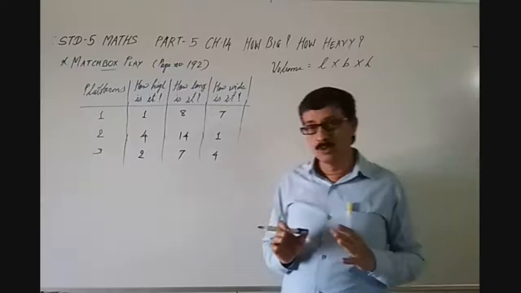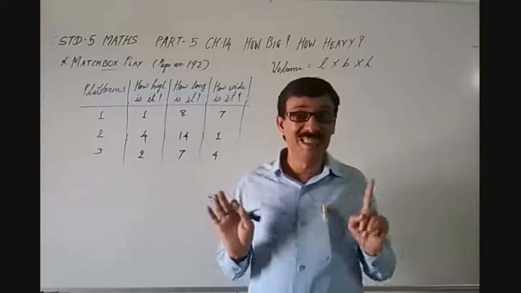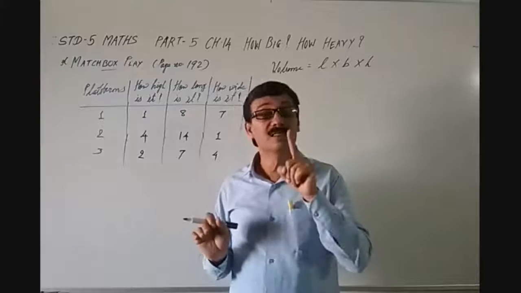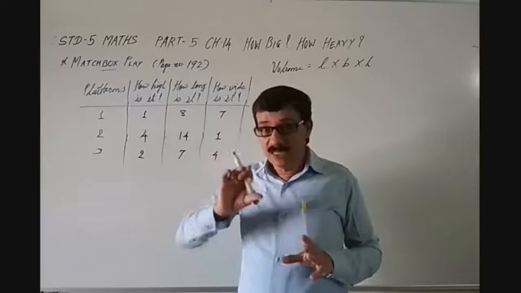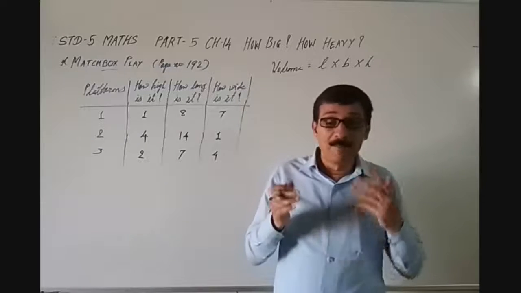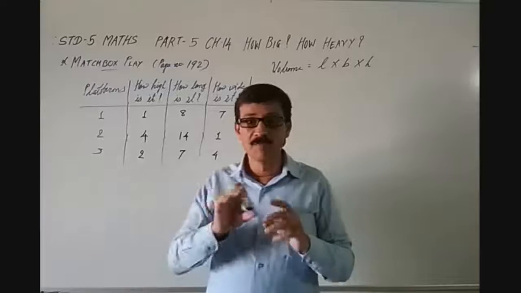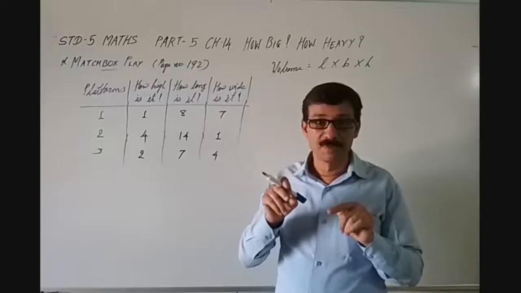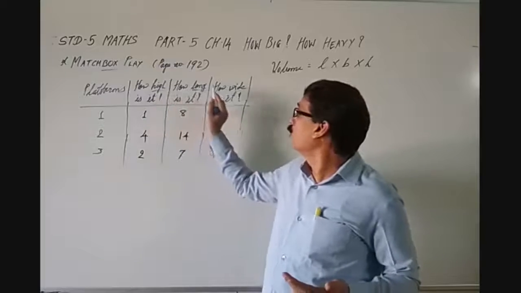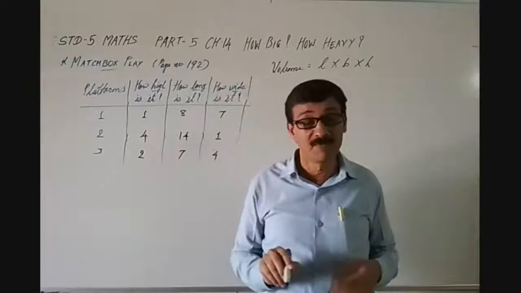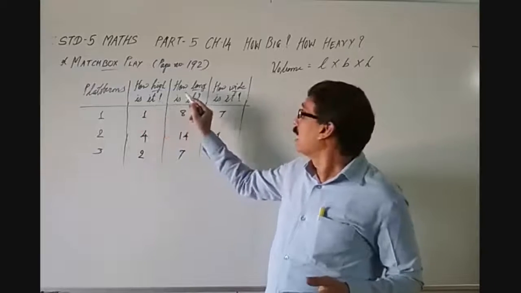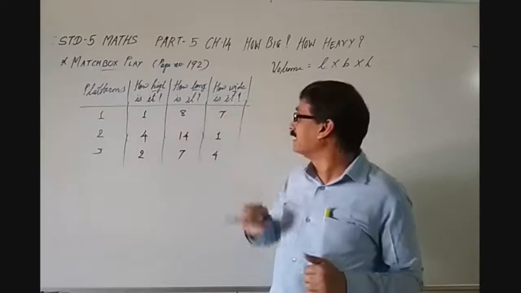Now what you will do, you have to use all the 56 matchboxes. Understand? You have to use all these 56 matchboxes and prepare a platform. So a platform is also a kind of cuboid in this shape. So it also has height, length and width. So for the platform, how high is it, how long is it, how wide is it?